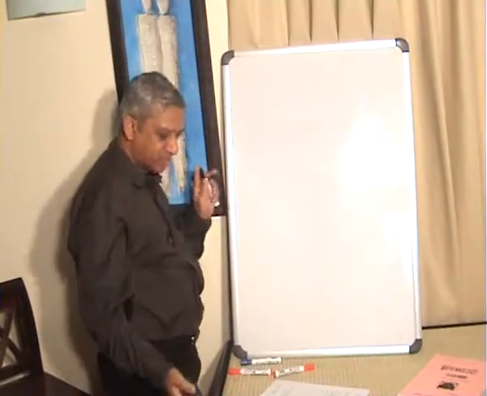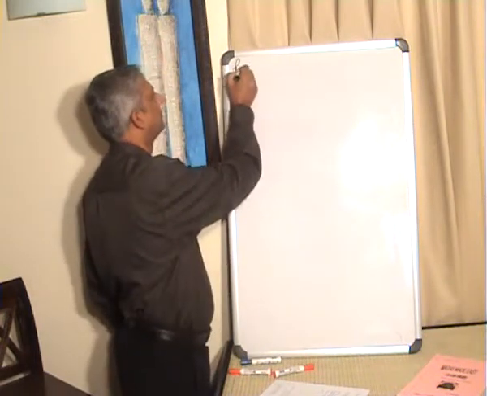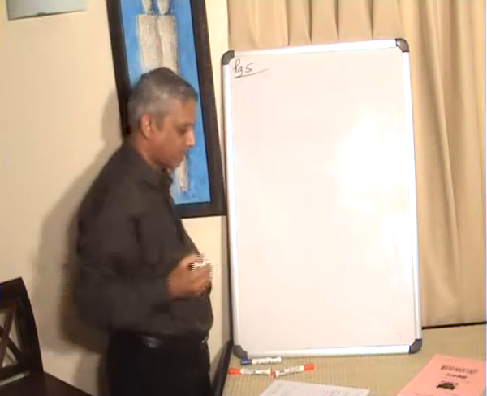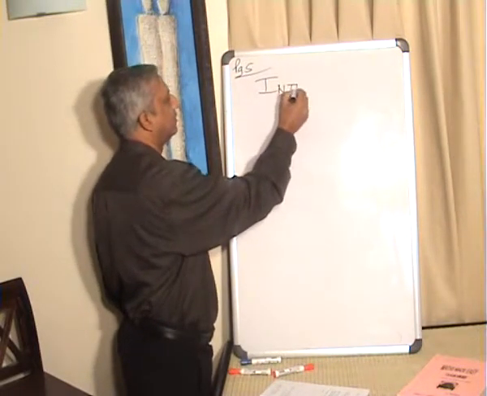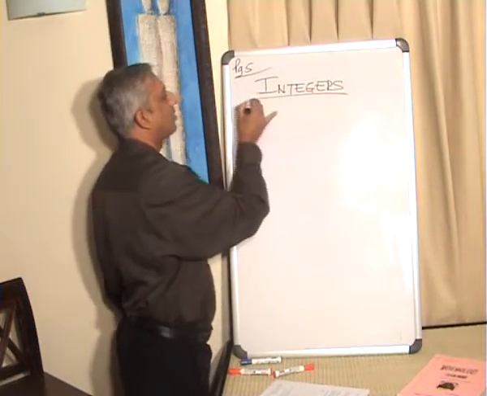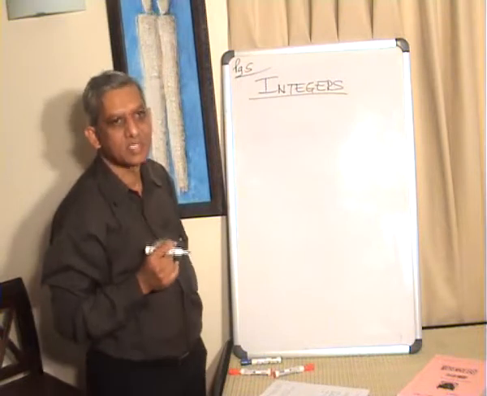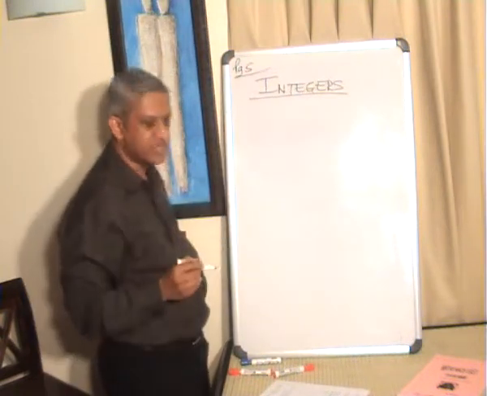So if you're following this video, we are now on page 5. And we are studying the section called integers. So firstly, you must be able to explain what is integers in your own words. Integers are positive numbers.